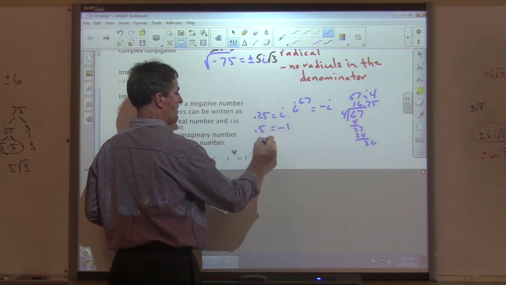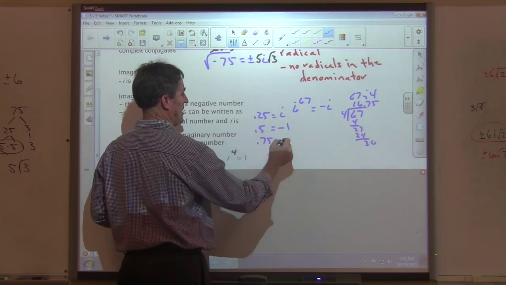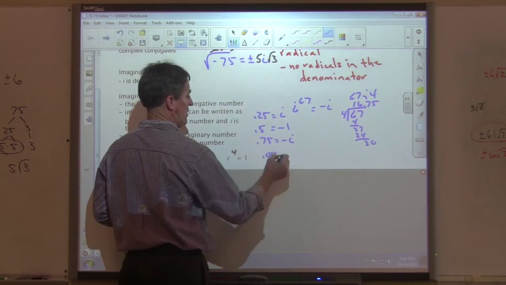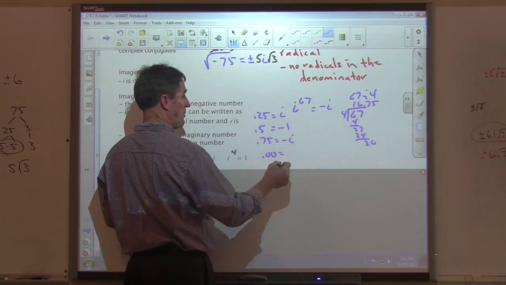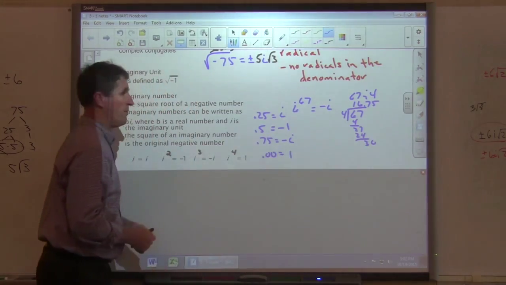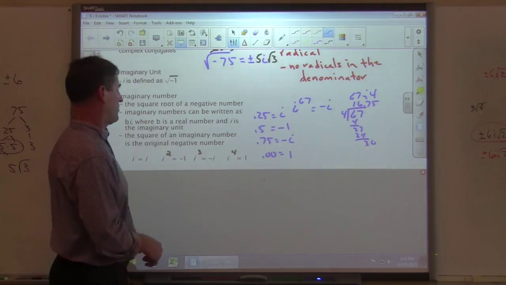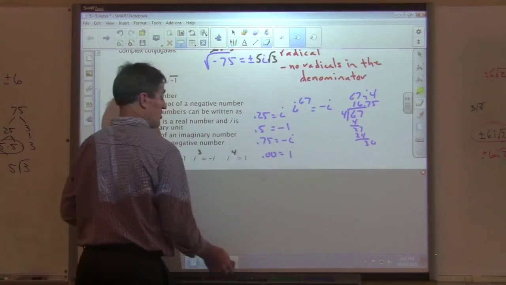If it's 0.75, it's going to be -I. And if there is no decimal, it's just a whole number, then your answer is going to be 1. So all you have to do is divide by 4, and that will give you the answer as you go through this.